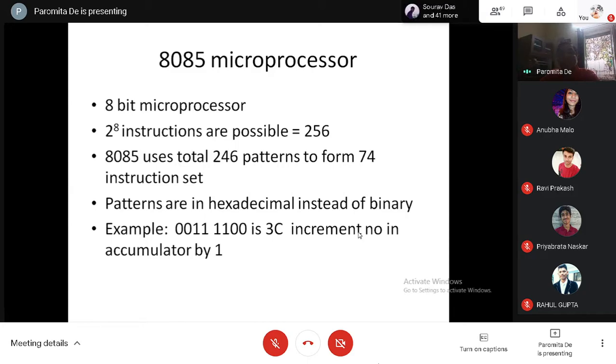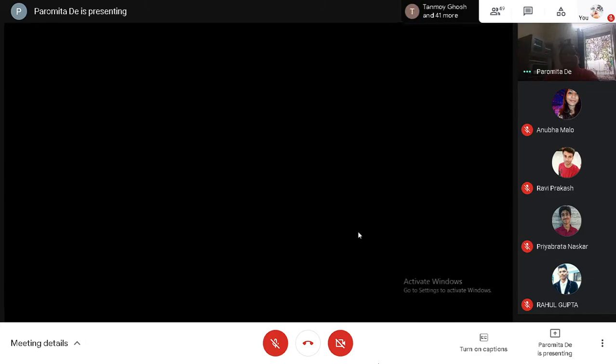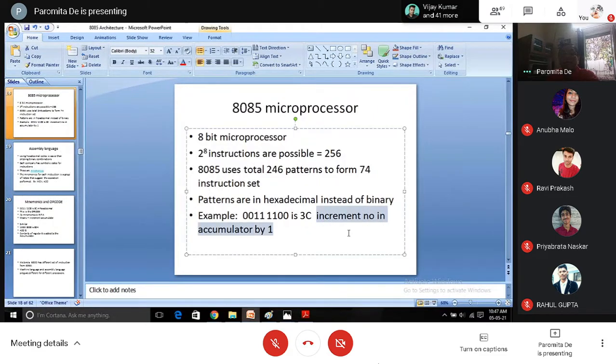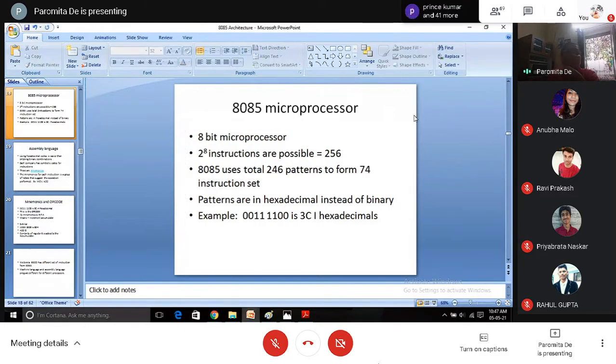So your 0011 1100, if that is your 8-bit word, then it is 3CH in hexadecimal. That is how the numbers are used in the 8085 microprocessor.